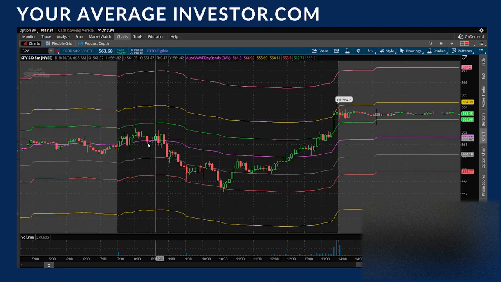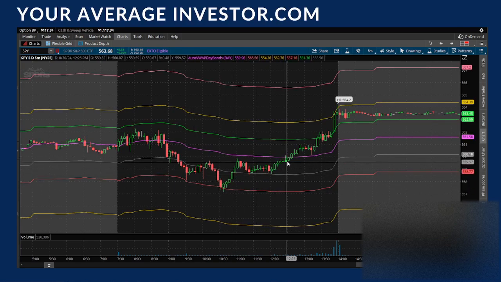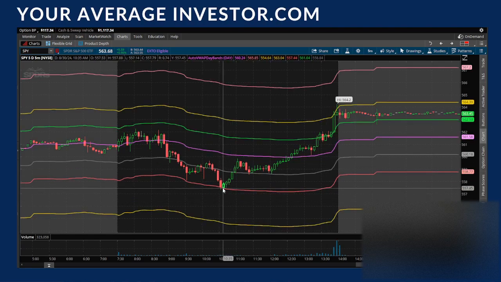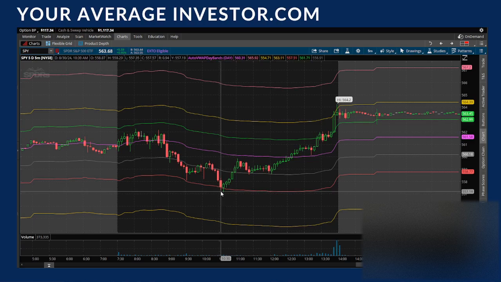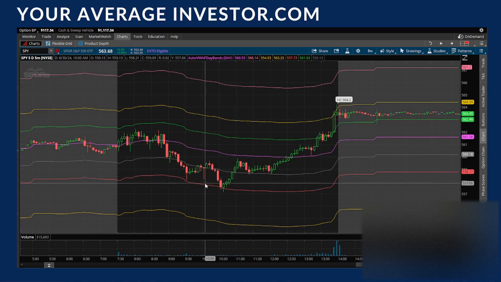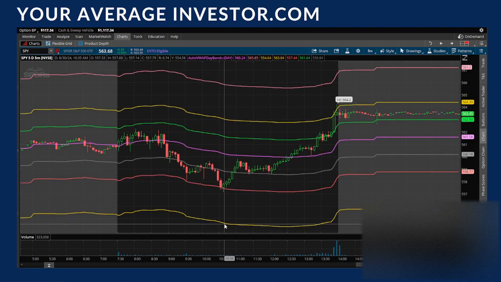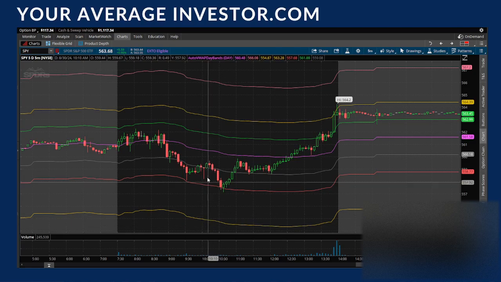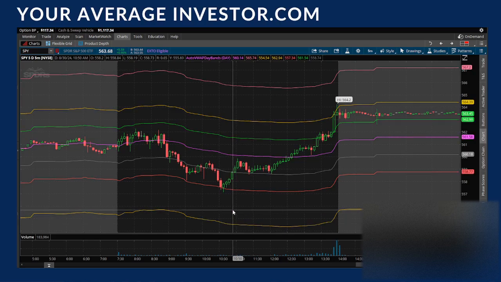If I'm an institution that's selling and the price is too far below the volume weighted average, I'm no longer going to sell until it comes back up, and then I'll start selling again. In this case, we're about 0.5% below the volume weighted average, and there's a nice move back to the upside there. Now, the further away you are from the volume weighted average, the more likely it is that you'll see a reversion towards the mean at some point.